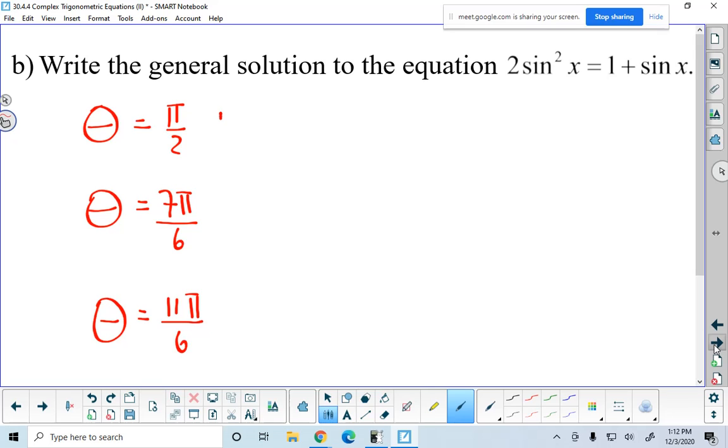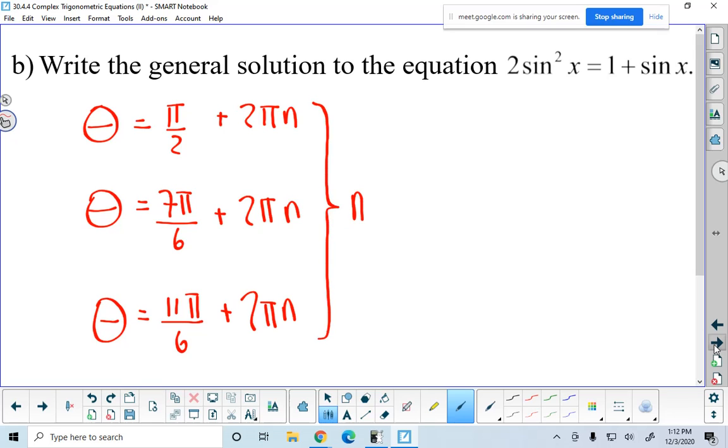The general solutions will be this. I'm not going to write n as an integer for all of these separately. I'm just going to say n is an element of the integer set of numbers. And this goes back to what we talked about yesterday. So does anybody have any questions with 2b?